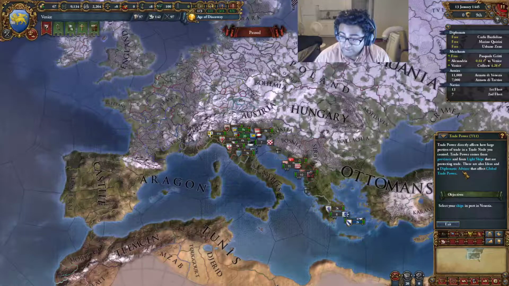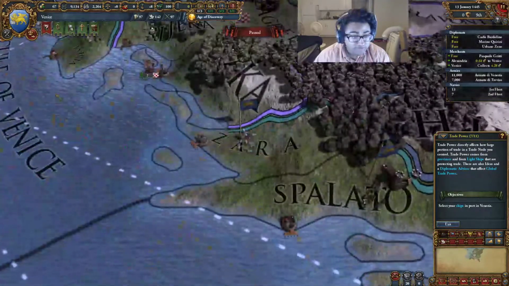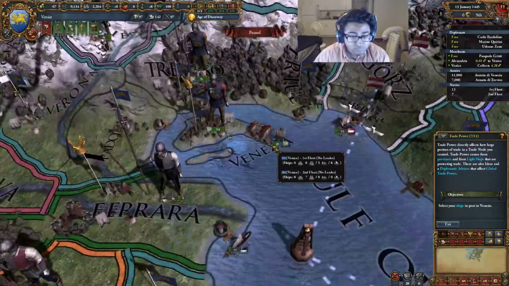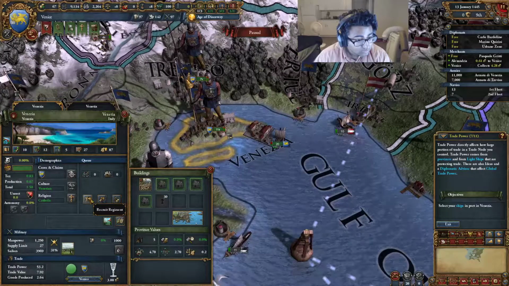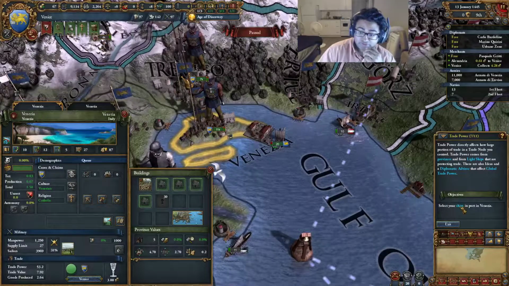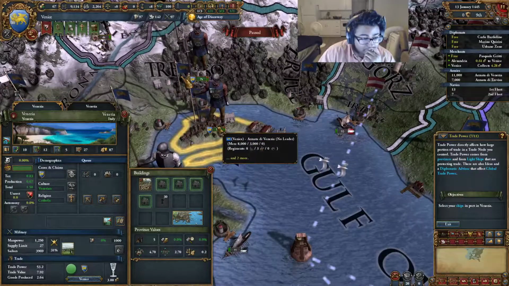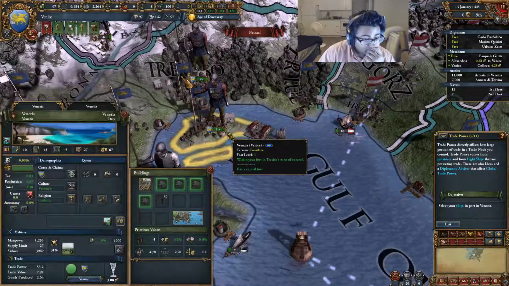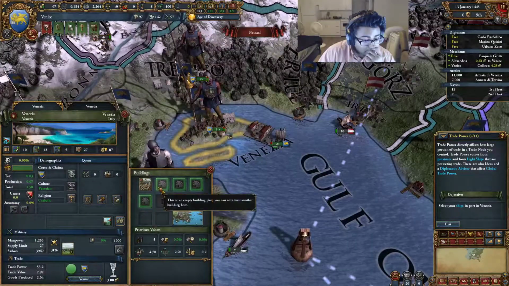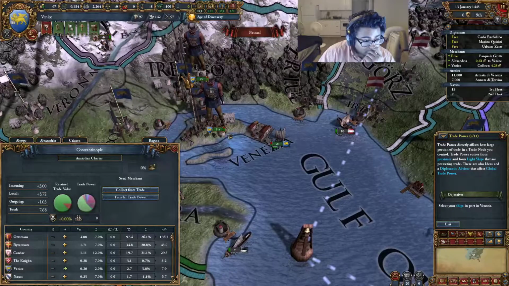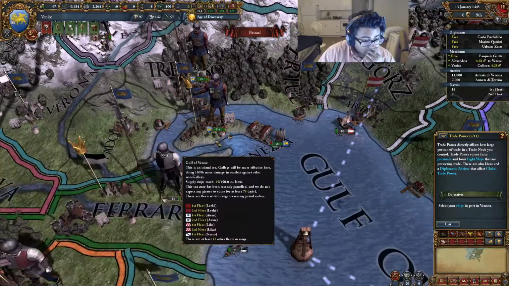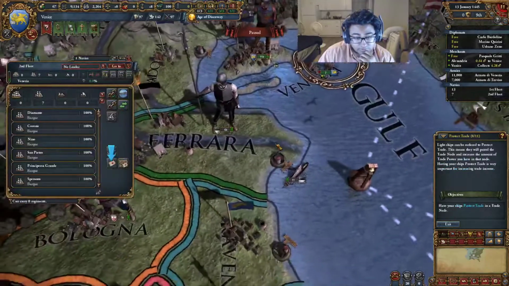There are also ideas and a diplomatic advisor that can affect global trade power. Select your ships in port in Venice.